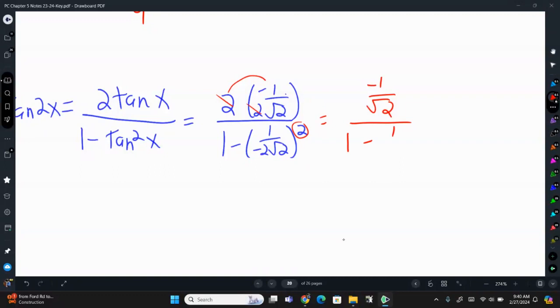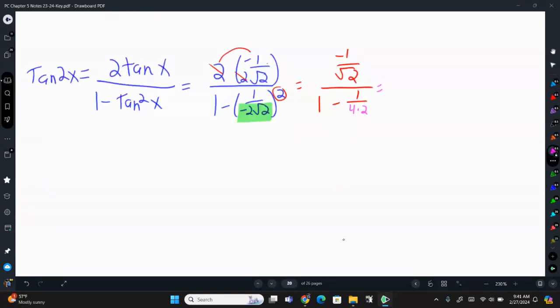So it's going to be 1 over, and when we square the denominator, we square the negative 2, which will give us positive 4, times the square root of 2 squared, which is 2. So we'll get negative 1 over the square root of 2 over 1 minus 1/8.